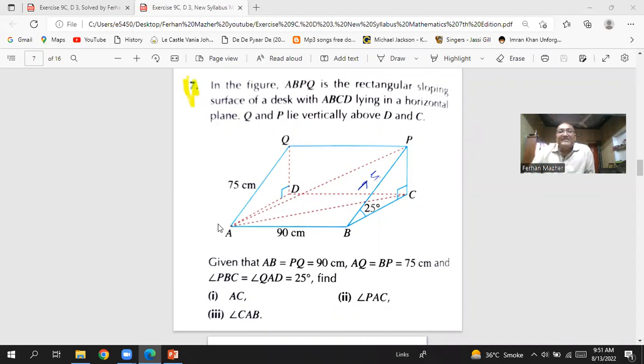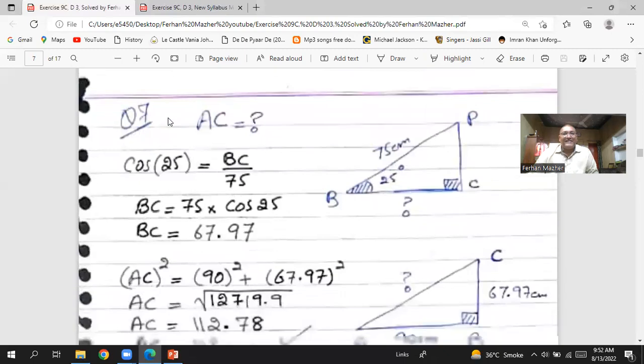For finding AC, I know this side, but I need to know the BC side. If I know the BC side, I will apply Pythagoras and I will get AC. For finding BC, I will consider triangle BCP, which is a right angle triangle. I know BP, that's 75. I know this angle at B, that's 25. So this is a two-step calculation.